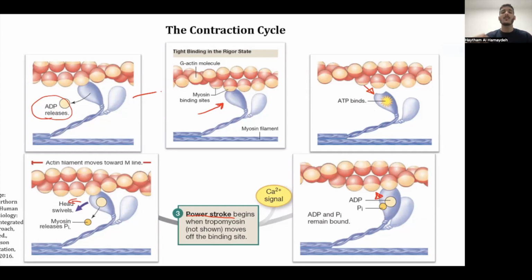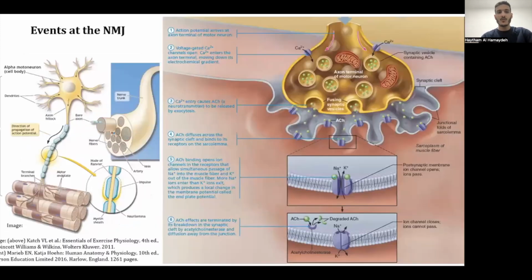So when ATP is hydrolyzed to ADP and Pi, myosin again binds to actin. So now when it's bound again, we have ADP and Pi attached to myosin, and the myosin head is attached to actin. And so the power stroke cycle goes on and on until the right contraction amount is produced. Okay, that's the contraction cycle.